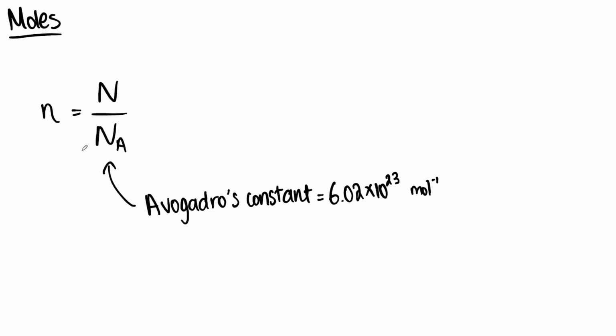And N_A here is Avogadro's constant, which is 6.02 times 10 to the 23, which is the number of particles in 1 mole of a substance. And you'd work out either the number of moles or the number of particles in a substance by substituting in a number from the question you're given and then using Avogadro's constant.